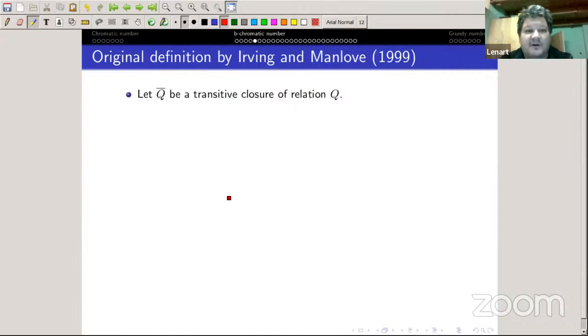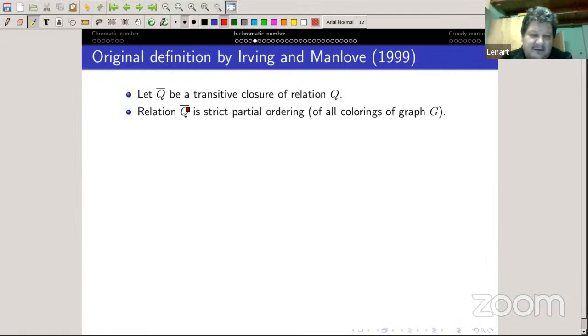Okay, now the original definition of the b-chromatic number, which was given by Irving and Manlove in 1999, is the following. We defined the relation Q. Let Q bar be the transitive closure.